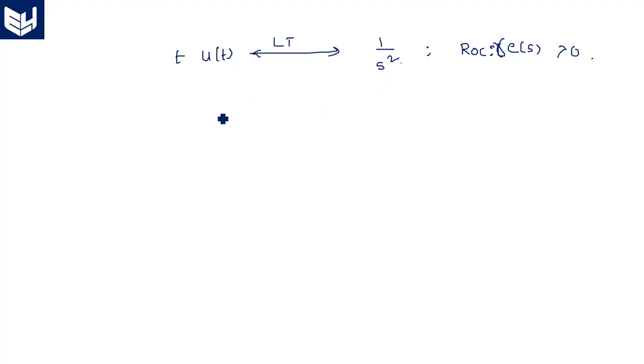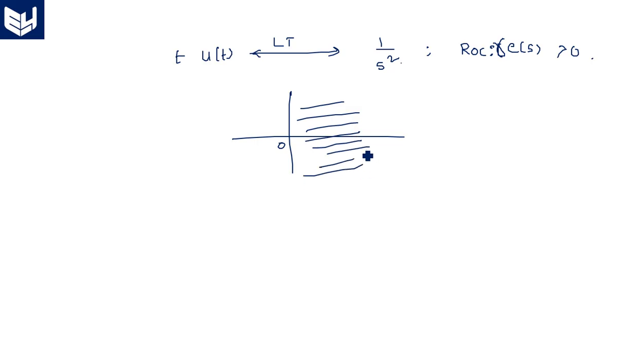Here also it is the same, it is 0, and the region of convergence is all the right-sided points on the s plane. This is sigma and this is j omega. So yes, the region of convergence must be greater than 0. Other than 0, we have the region of convergence.